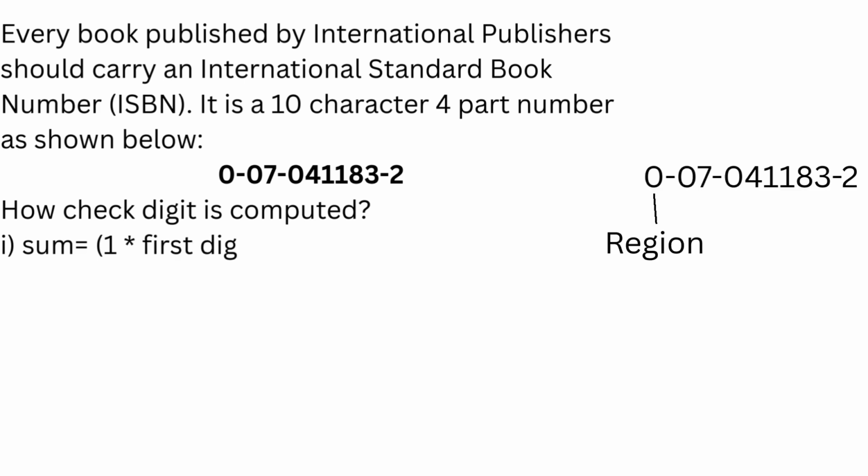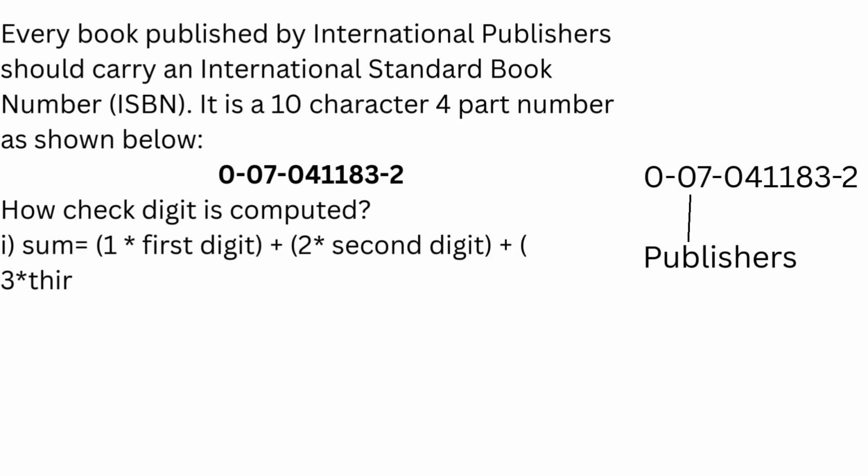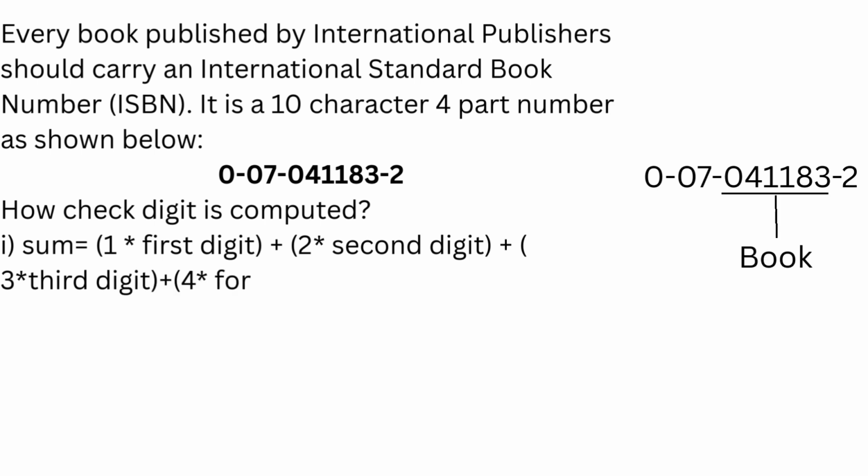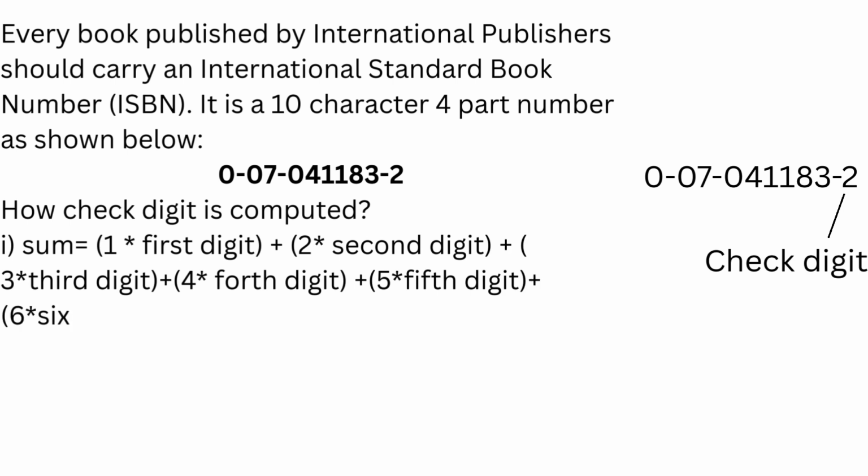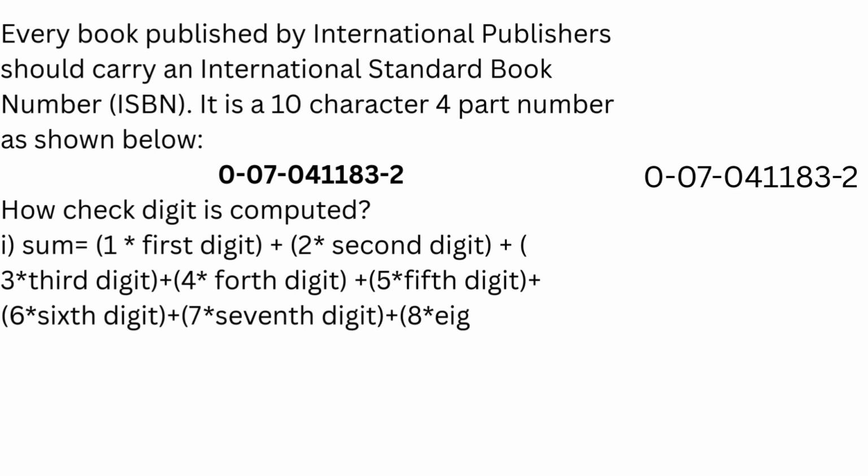The first part represents the region, the second part represents the publisher, the third part denotes the book, and the fourth part is the check digit. Here is how the check digit is computed.